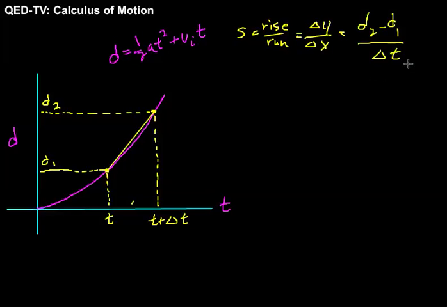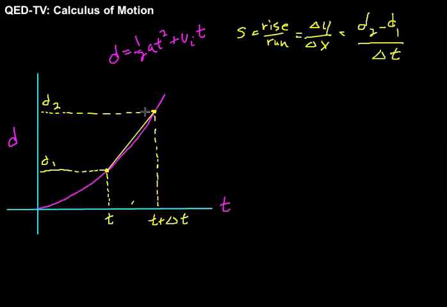So that's pretty simple so far, but we actually know what the function is. We know what these y values are, d2 and d1, they're y2 and y1. These are the functions: when we put in time for the function, what do we get? Well, we get this. This is the function for this particular curve right here.